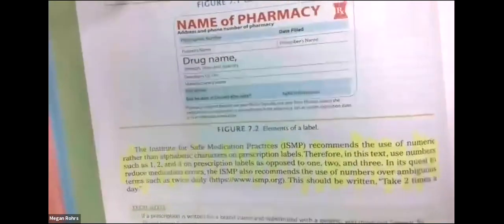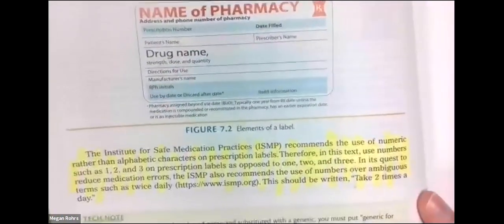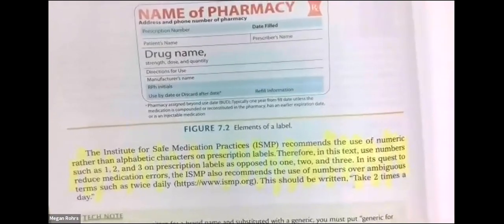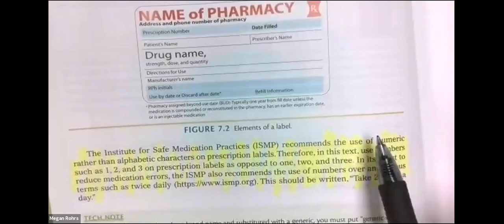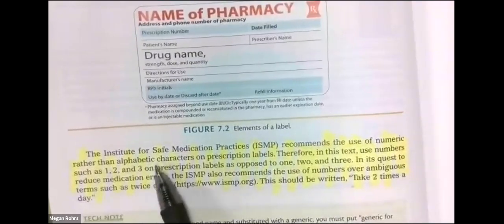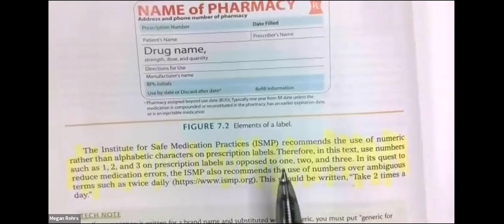And then right below that, I would also recommend highlighting this section as I have done in the book here. The ISMP recommends that we use numeric rather than alphabetic characters when we are interpreting prescription labels.